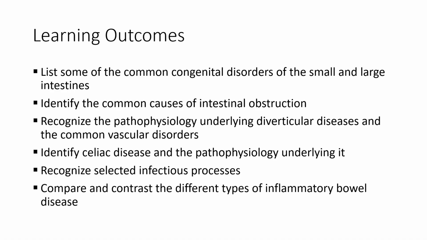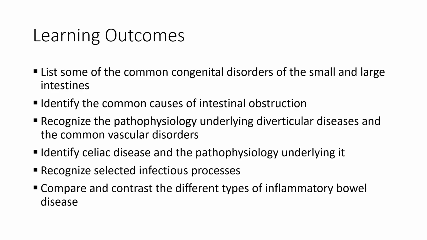At the end of this lecture, you will be able to list the common congenital disorders of the small and large intestines. You will be able to identify the causes behind intestinal obstruction. You will be able to recognize diverticular diseases and the common vascular disorders and understand their pathophysiology.